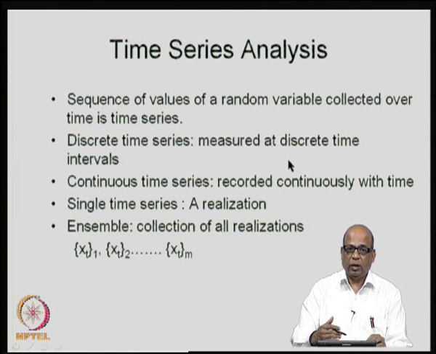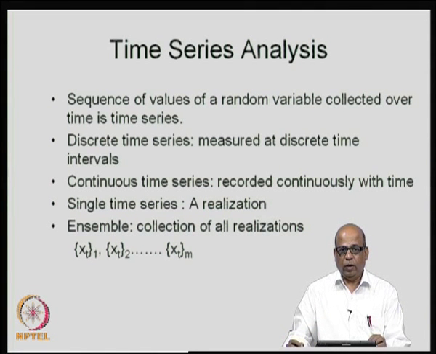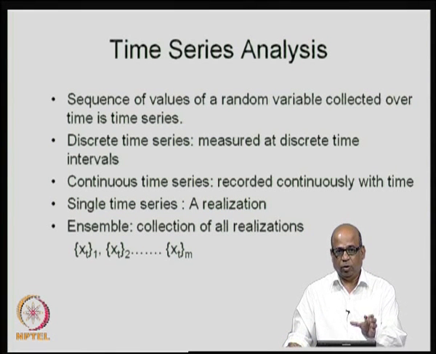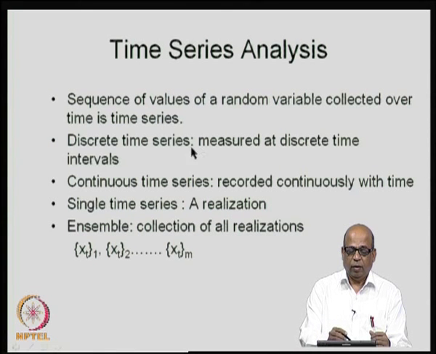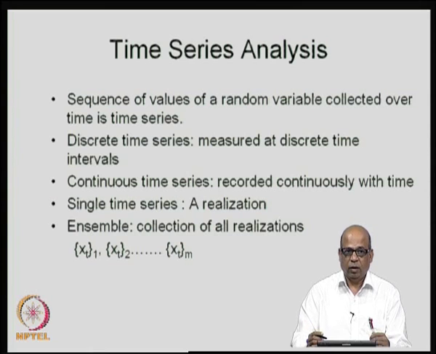Or monthly stream flows: you may be observing every day, but you aggregate it over the month and provide a monthly stream flow value. So, like this you may have observed data at discrete time intervals. Your delta t, or the time interval, can be either 1 day, 1 week, 10 days, 1 month, 1 year, 1 season and so on.